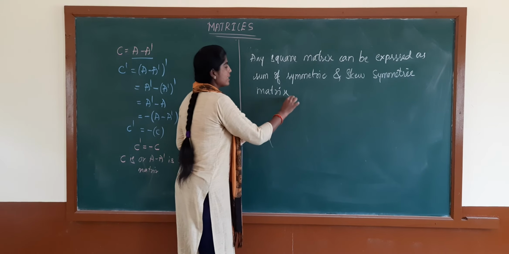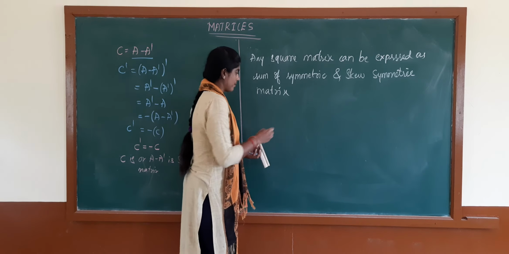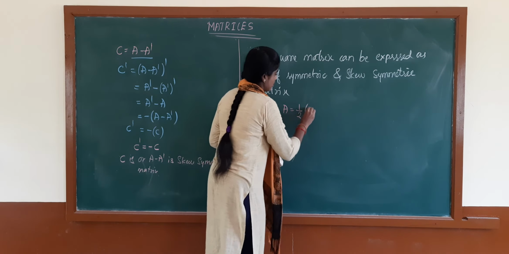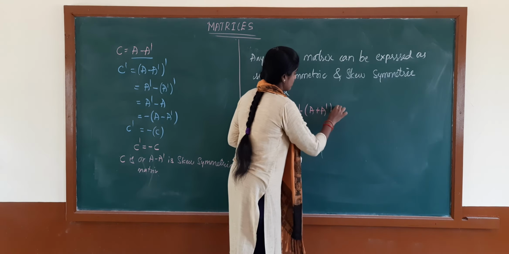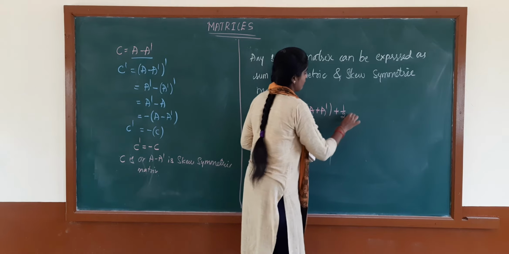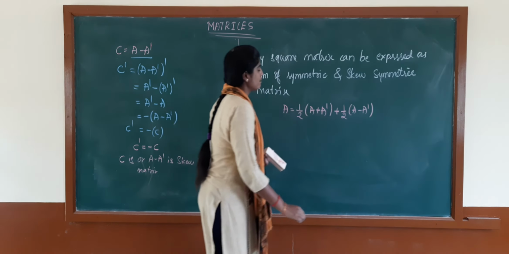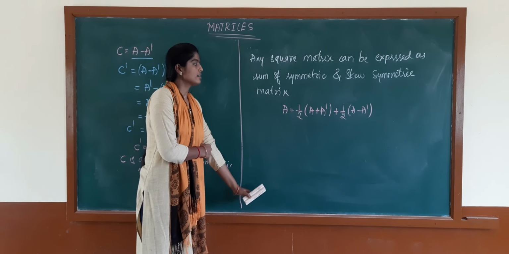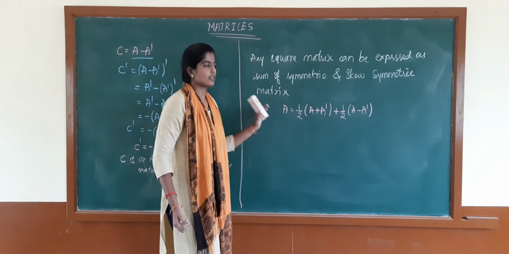The mathematical representation of this statement is A equal to half of A plus A transpose plus half of A minus A transpose. It means any square matrix can be expressed as the sum of a symmetric and skew symmetric matrix.